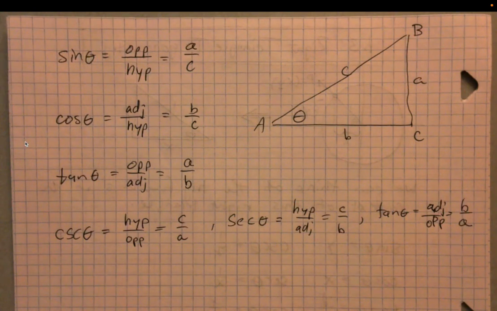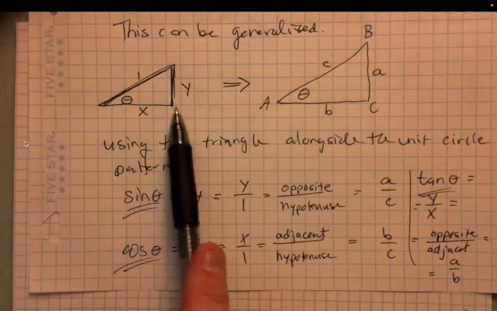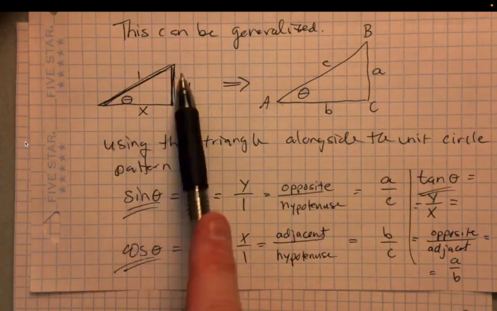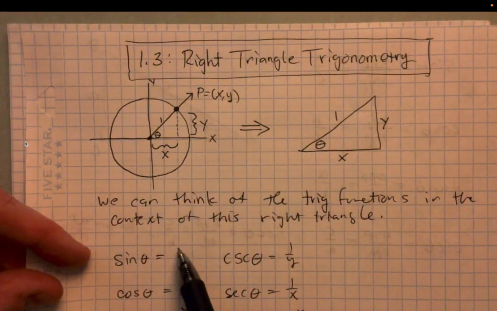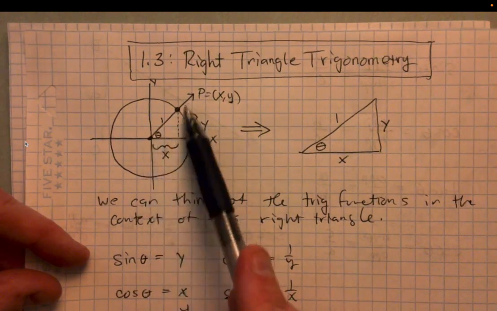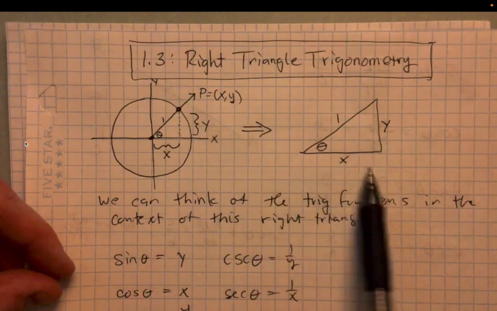And you can see how this definition is based on the idea of a triangle embedded in a unit circle like this, right? We saw that in the initial picture, right? So you've got this implicit triangle with an x side and a y side, right? And that's where we got this triangle from.